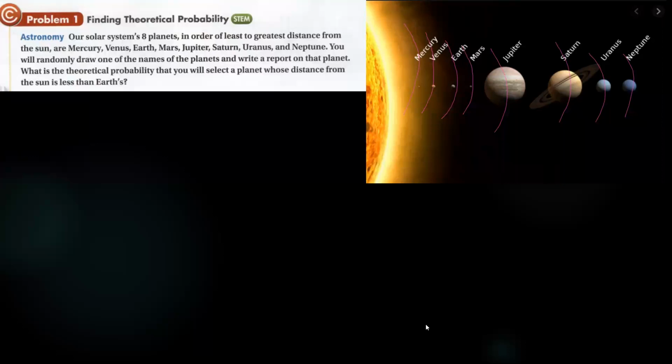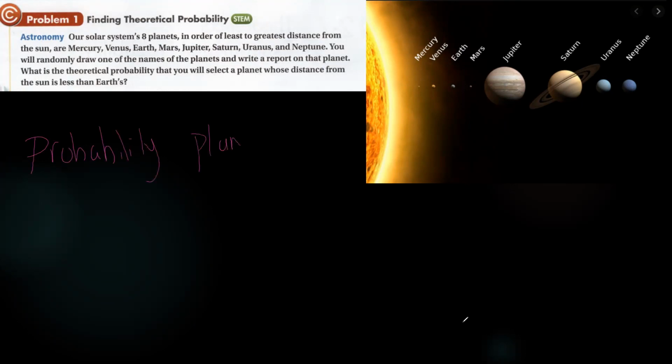Now here you want to find the theoretical probability of a planet whose distance is less than the Earth.